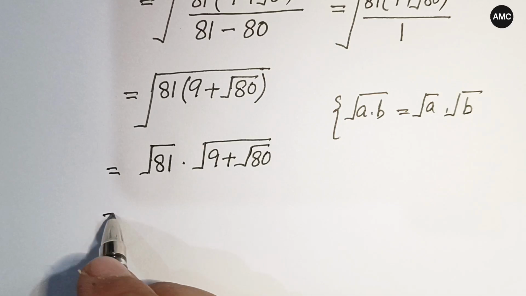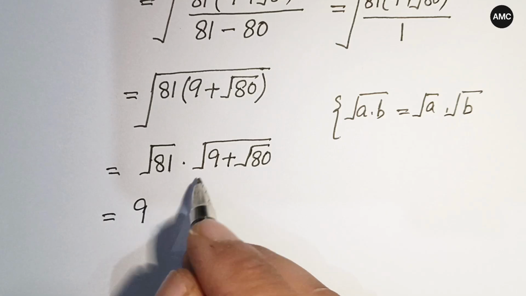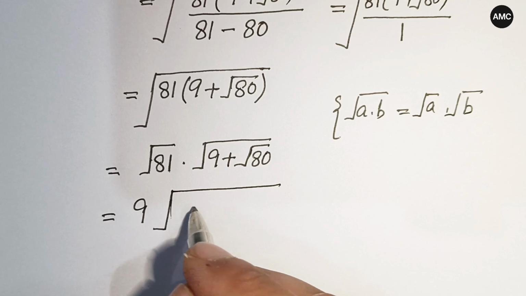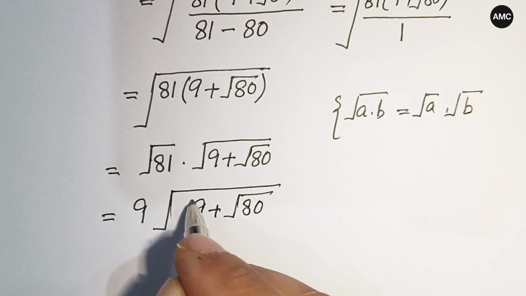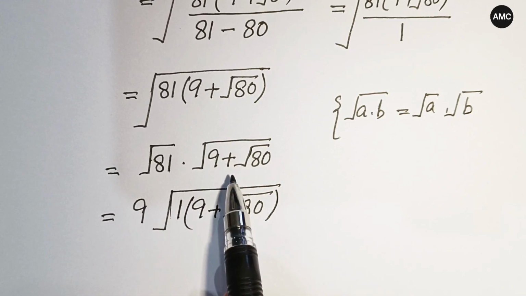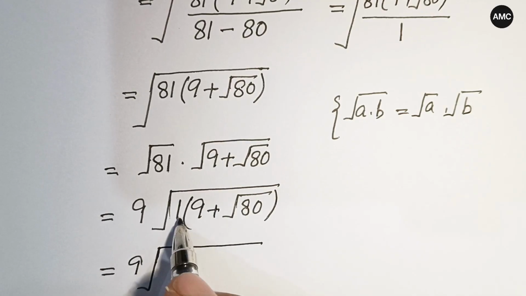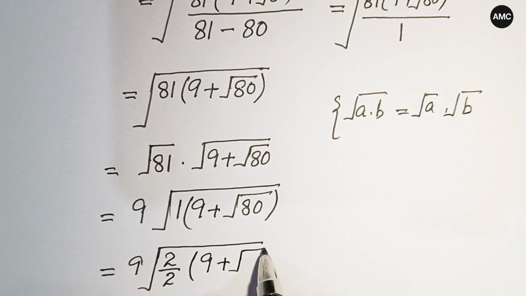Now square root of 81, we know that it is equal to 9, and times 9 plus square root of 80. If we multiply this by 1, we will get the same expression here. Now 9 times square root of, this one can also be written as 2 over 2, and 2 over 2 is equal to 1, times 9 plus square root of 80.